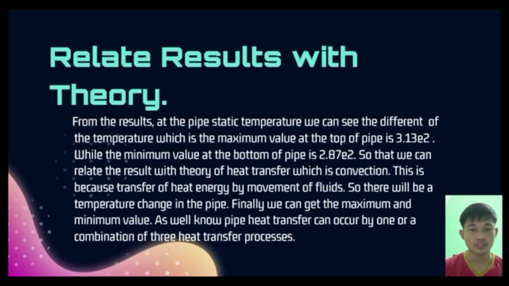This is because of transfer of heat energy by movement of fluid. So there will be a temperature change in the pipe. Finally, we can get the maximum and minimum value. As well, we know pipe heat transfer can occur by one or a combination of three heat transfer processes.